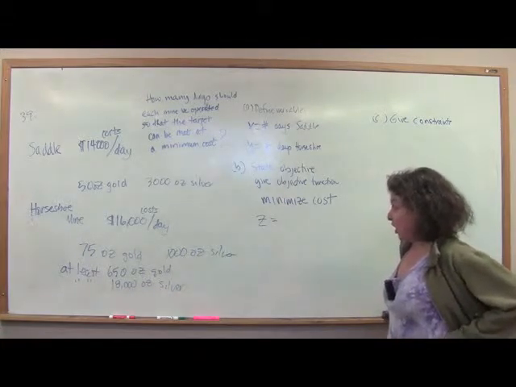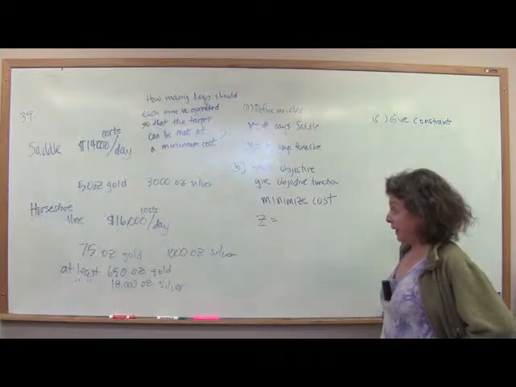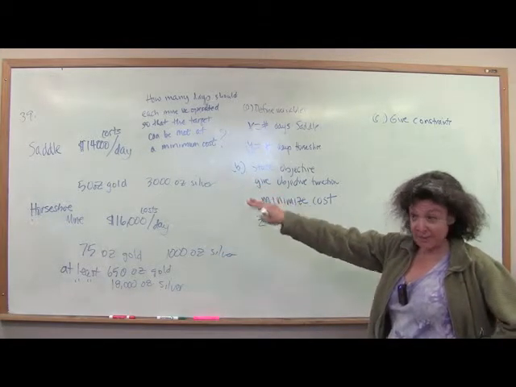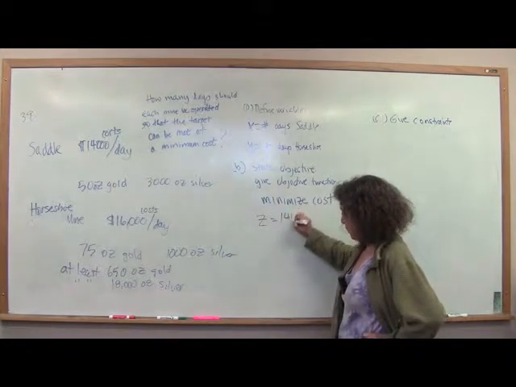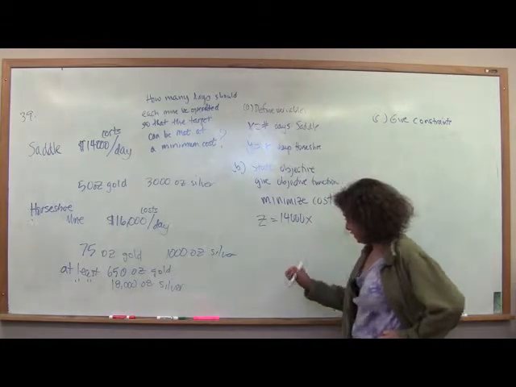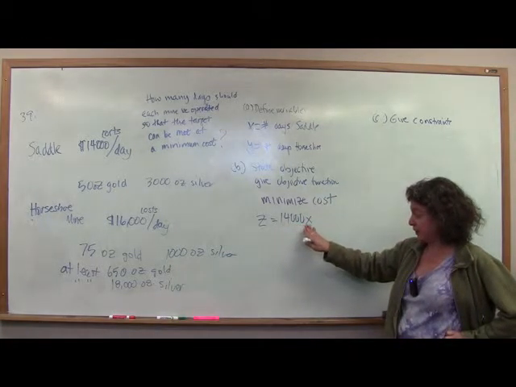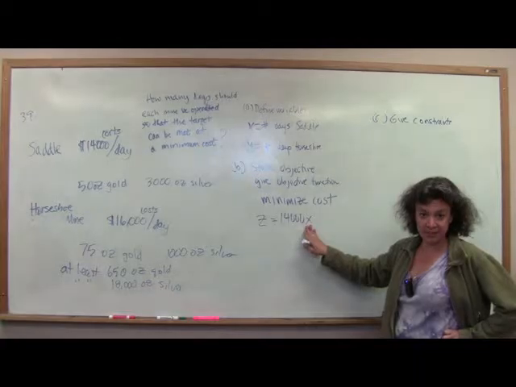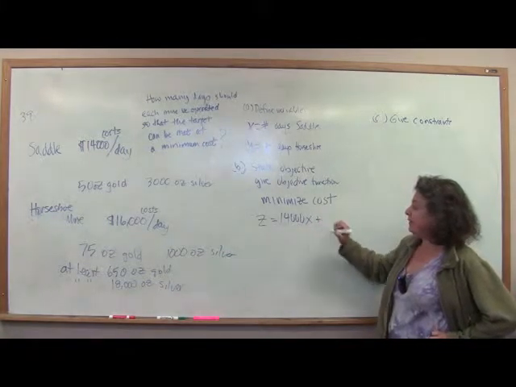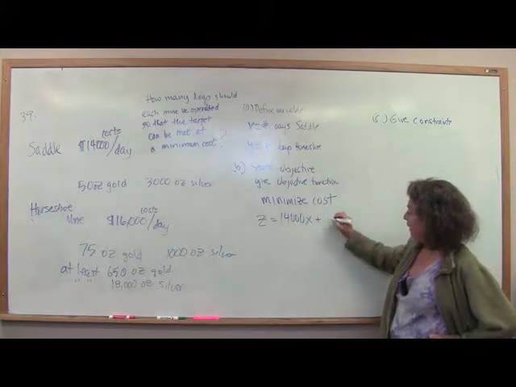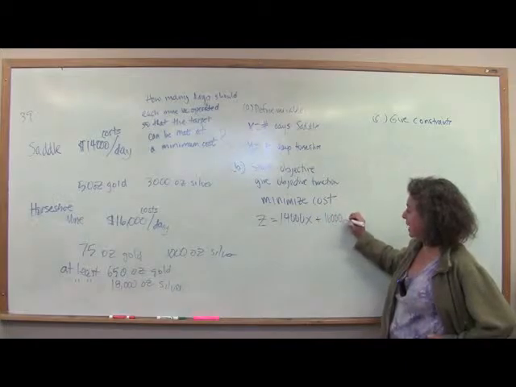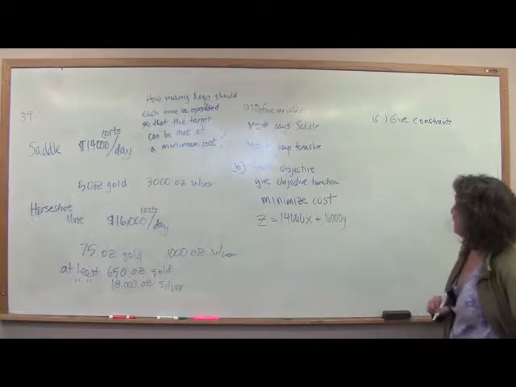So how much does it cost per day to run the saddle mine? $14,000. So isn't the total cost 14,000x, right? 14,000 per day times the number of days. And for our horseshoe mine, it's $16,000 per day times the number of days.